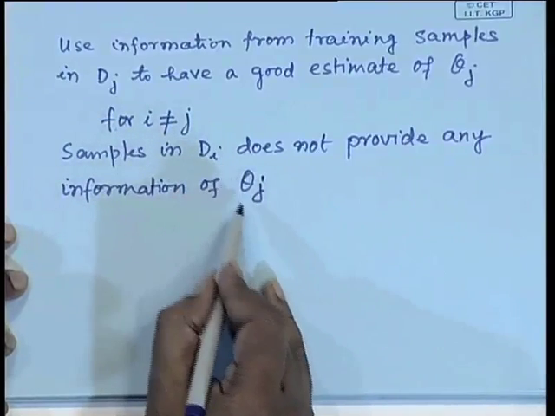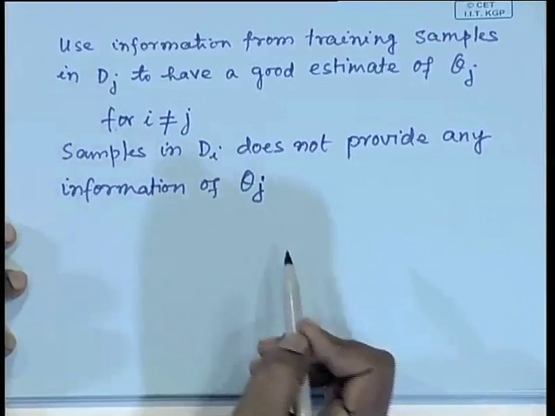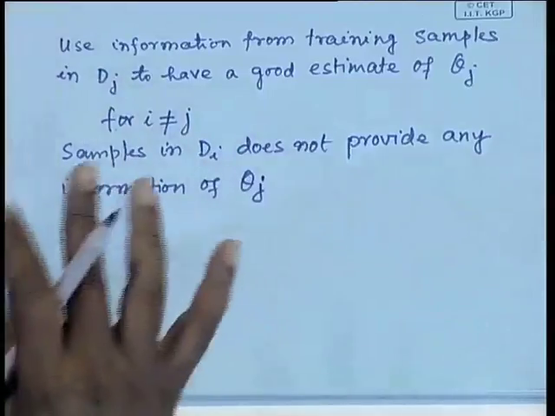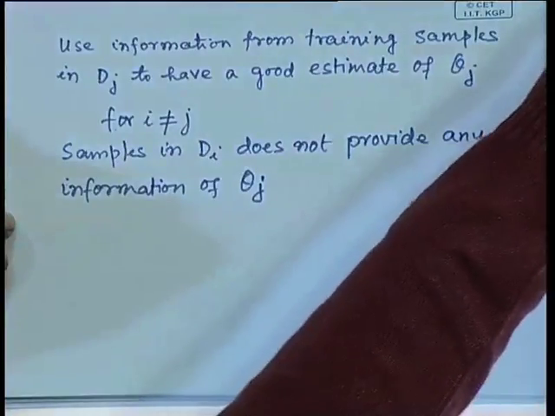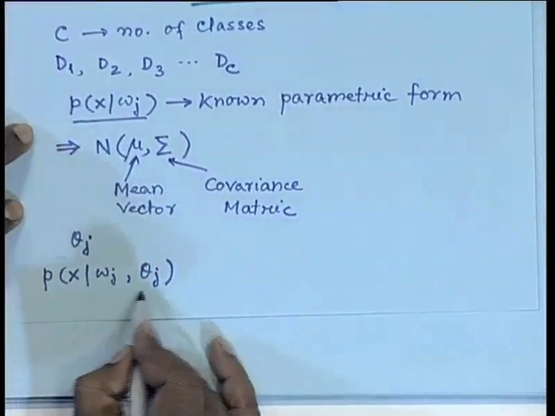Okay. So, I can make use of these individual samples to estimate our probability density function. And because the samples in D i do not provide any information about the parameter vector theta j, effectively we have C number of independent problems. Given a set of samples, I have to estimate the parameter vector of the probability density function which best describes the data distribution within that particular set. So, I can simply get away with these subscripts i and j.